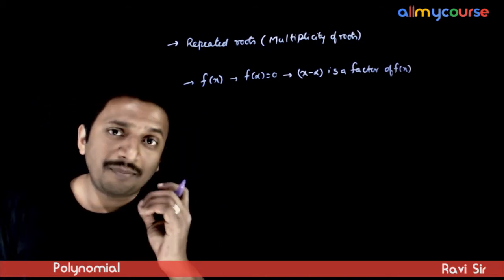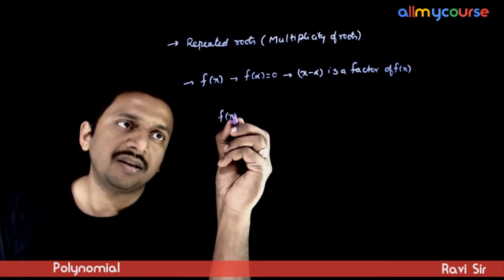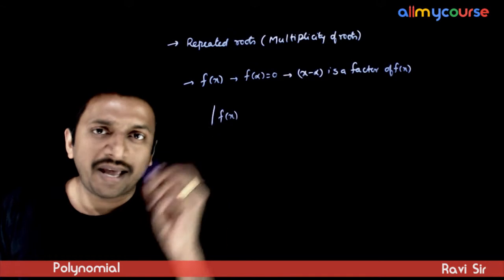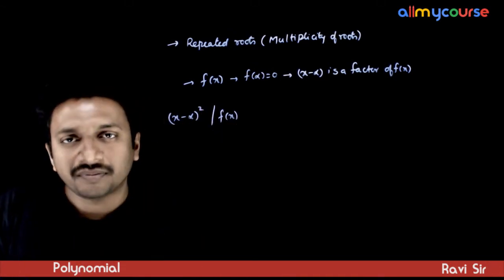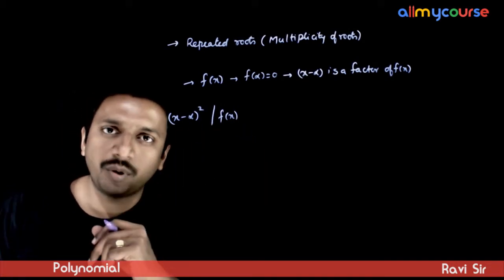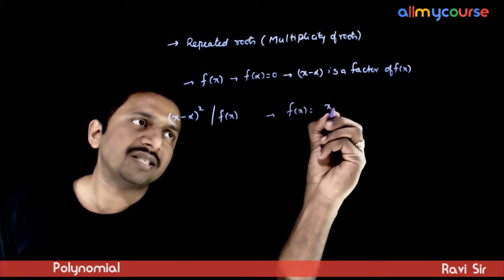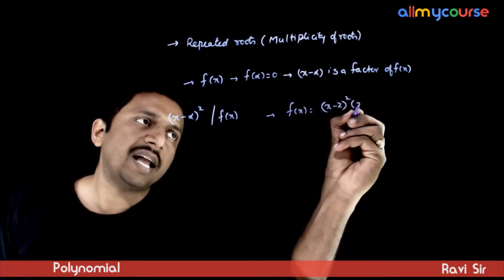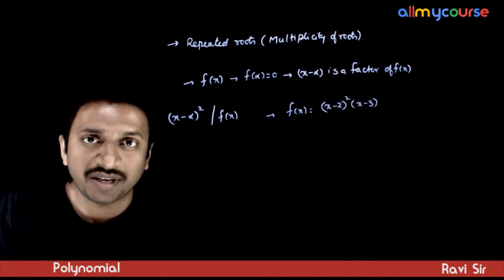Now, there might be some situations where f of x will be divisible by x minus alpha whole square also. For example, if f of x is equal to x minus 2 whole square times x minus 3.